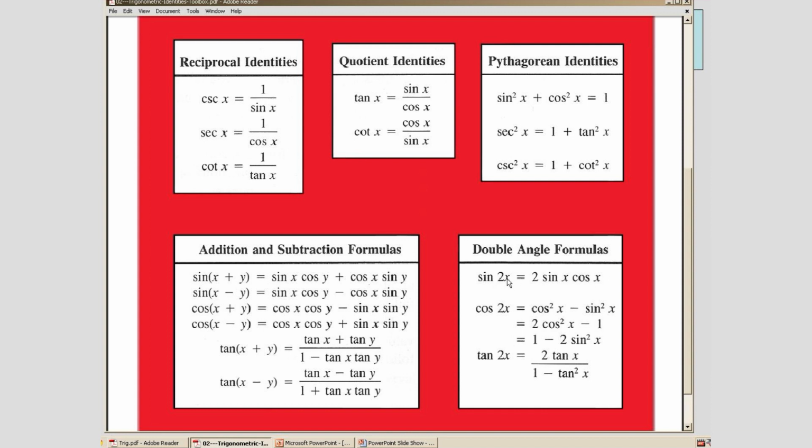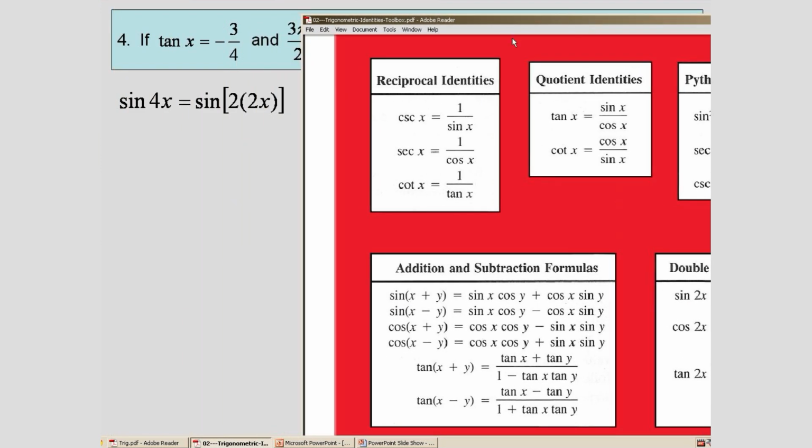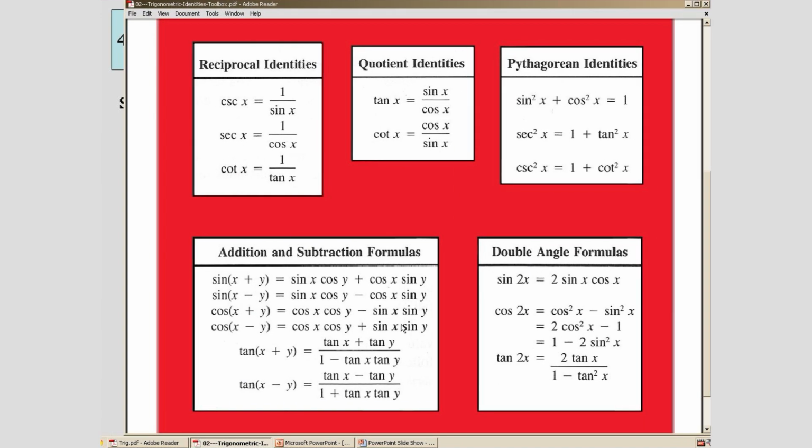So in other words, when we were doubling x, we have an x here and an x here. Now in our question, we're not doubling x, we're doubling 2x. So instead of writing out x and x here, we're going to write 2x and 2x.